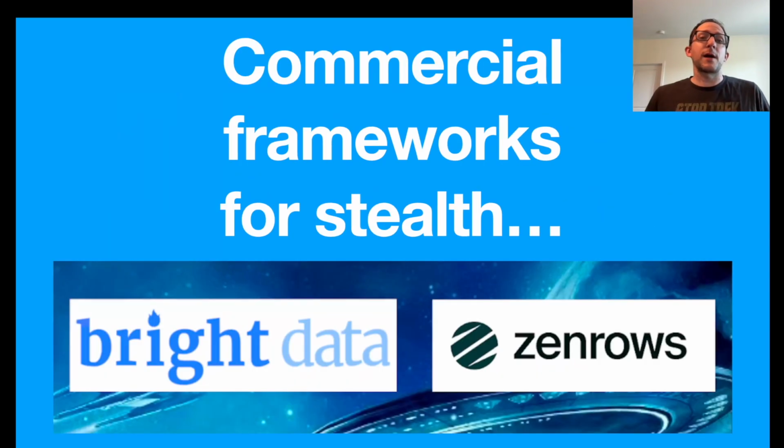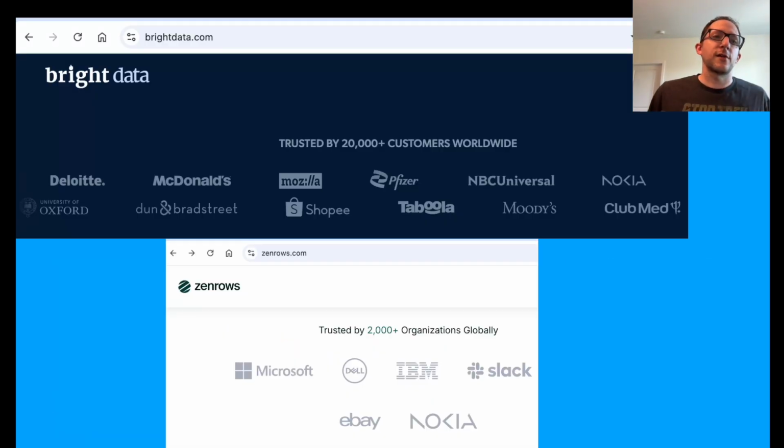Let's also talk about some commercial frameworks for stealth, such as BrightData and ZenRows. So both of them are quite popular. However, BrightData has over 20,000 customers worldwide, whereas ZenRows only has about 2,000 plus customers worldwide. You can see that there are lots of major organizations using both.